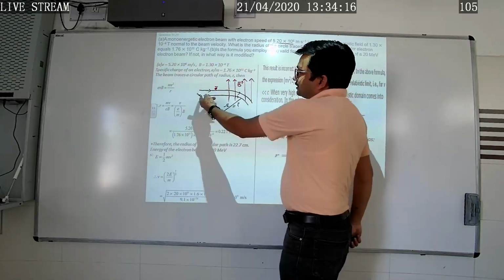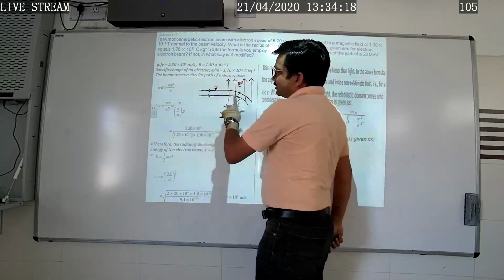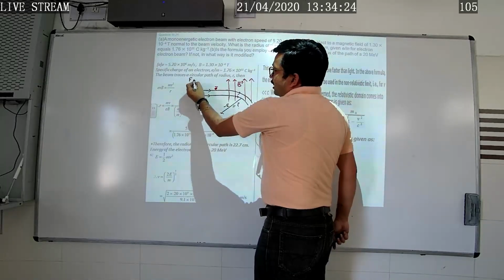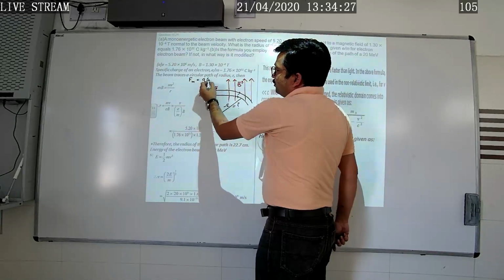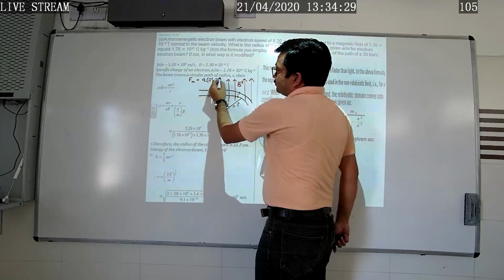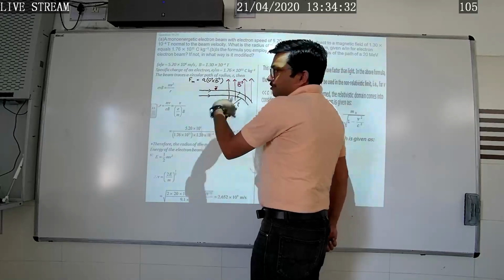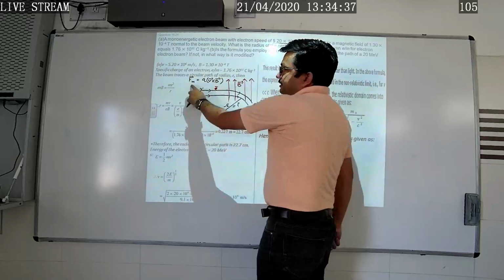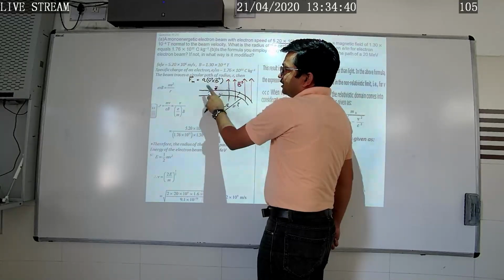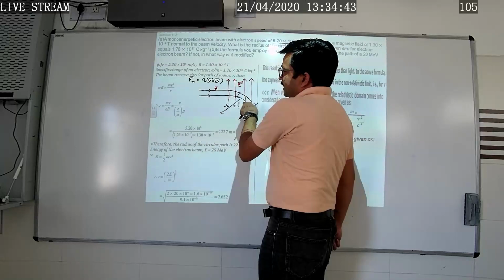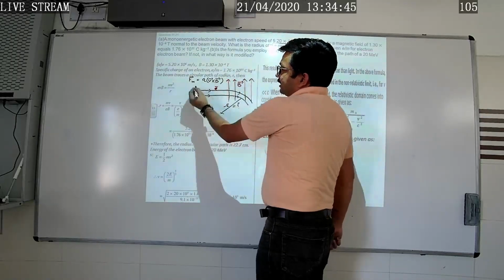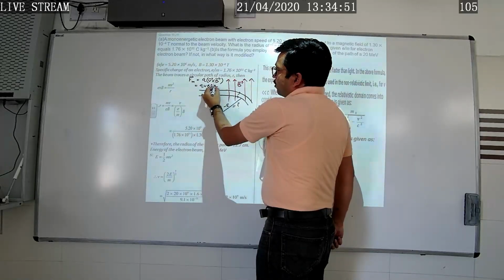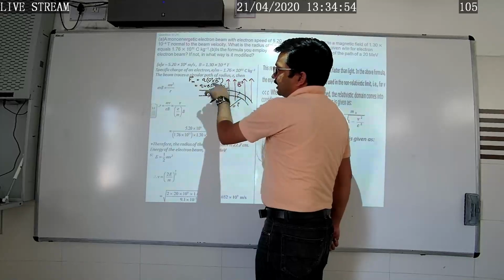Now, as the beam traces this circular path, the magnetic Lorentz force experienced is given by Fm equals Q into vector V cross B. This is something we will study later on, but keep in mind that the magnetic Lorentz force is experienced by the electron as it enters the magnetic field region, and the magnetic field acts at a 90-degree angle, so we can write it as QVB sine of 90 degrees. Sine 90 is 1.